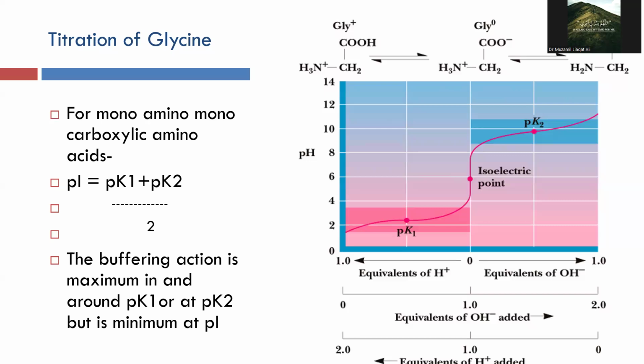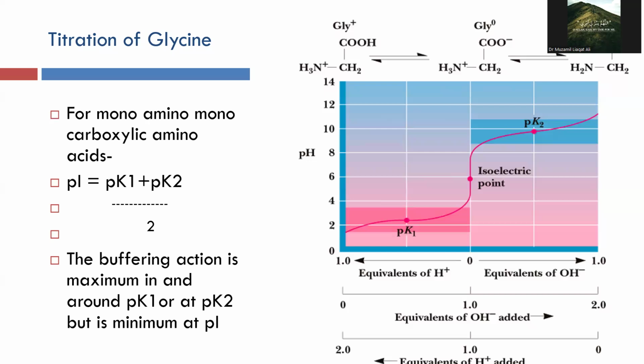Just because I need to reinforce the concept. But note, amino acids with ionizable side chains, like glutamate, lysine, or histidine, have three pKa values and a different isoelectric point formula. We will cover that in the session on protein biochemistry.